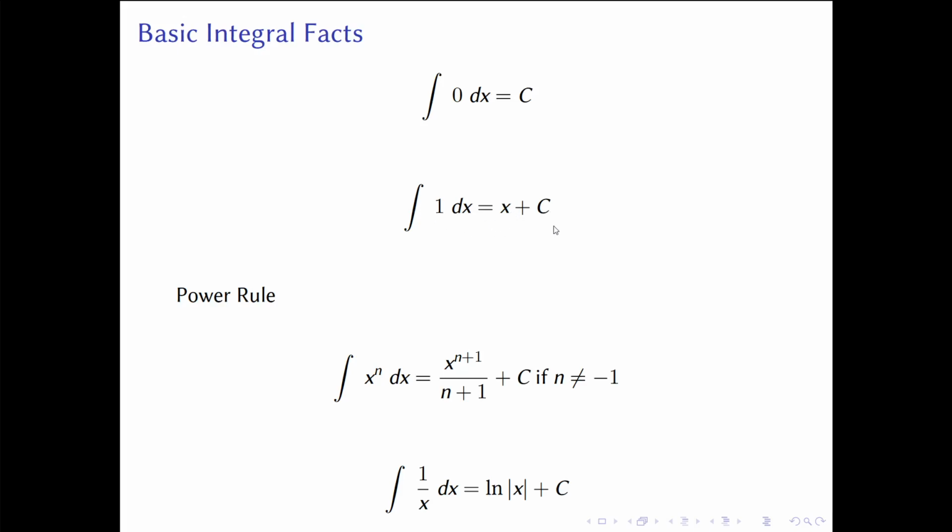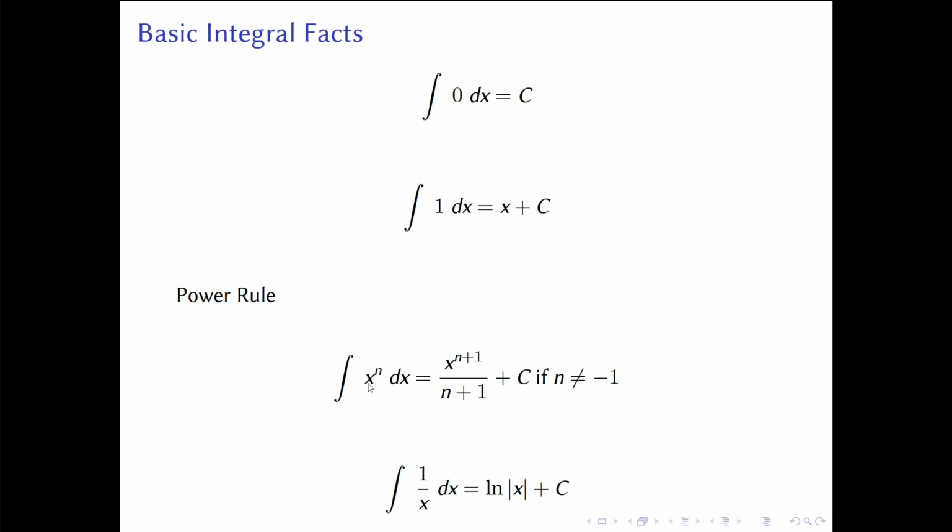So that's the antiderivative. Next up, we have a very important rule, and this is called the power rule for indefinite integrals. This tells you how to find the antiderivatives, the set of all antiderivatives, or the indefinite integral, whatever you want to call it, of any power function except for x to the minus 1. And this is basically just the reverse of the power rule for derivatives.